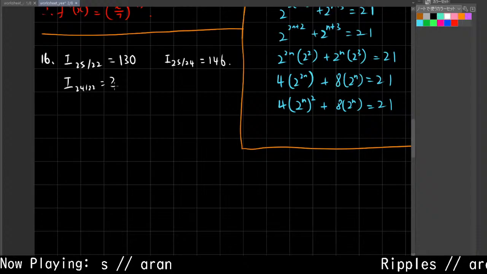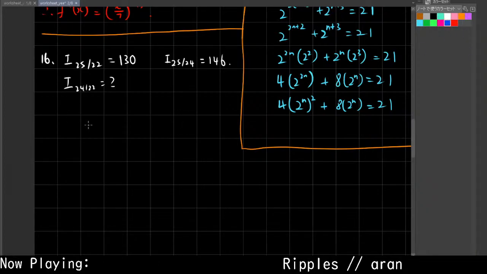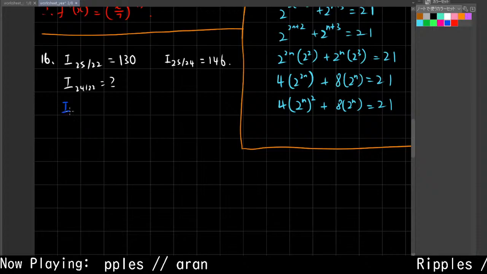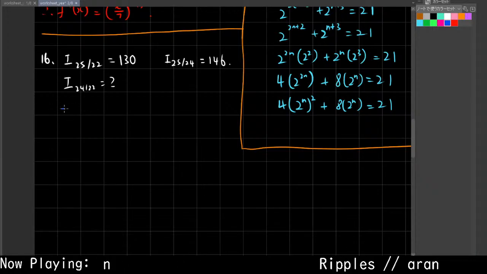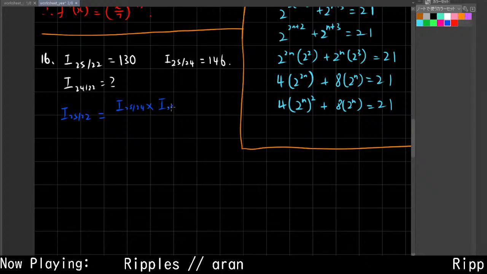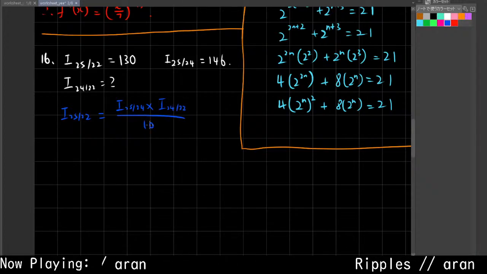So what I will do is I will take the one that is most apart, so that will be 25 based on 22. This one will be equal to I 25/24 times I 24/22, over 100.